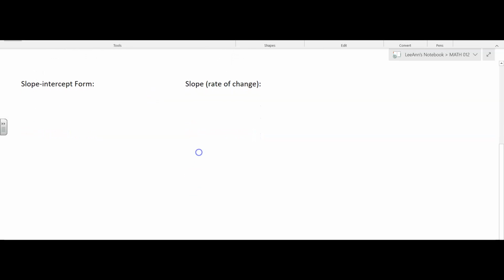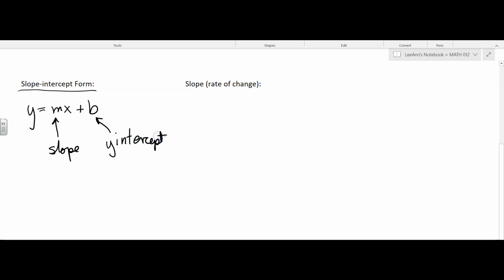All right. You may have worked with some linear functions in the past. One form that we have to write a linear function is called the slope-intercept form. Now it's usually written this way, y equals mx plus b, where m stands for the slope and b stands for what we call the y-intercept, or where it crosses the y-axis, okay?